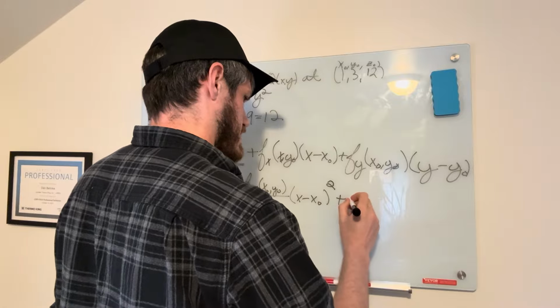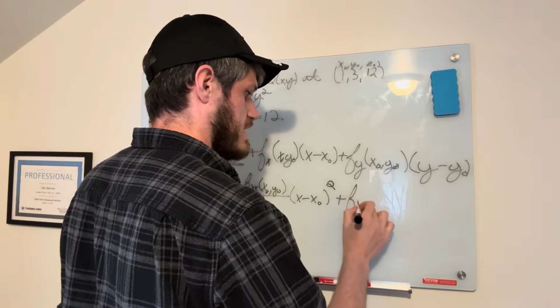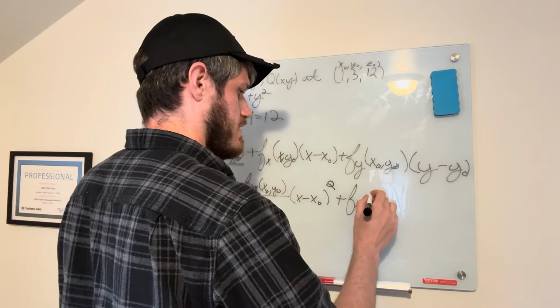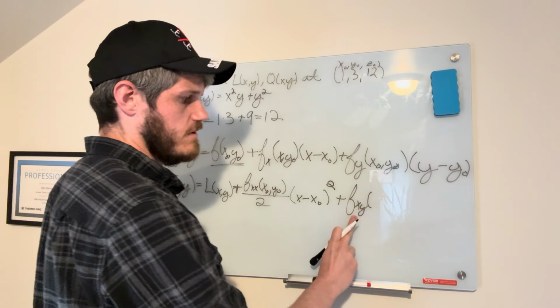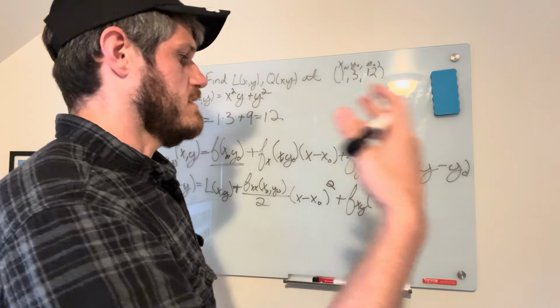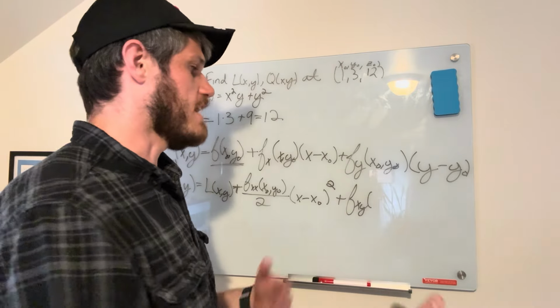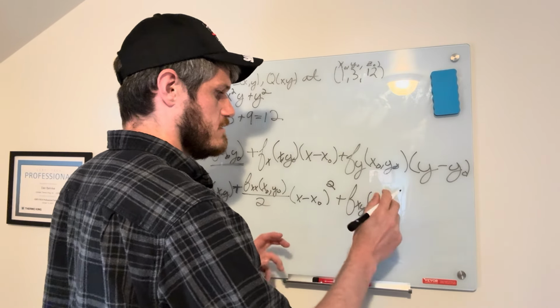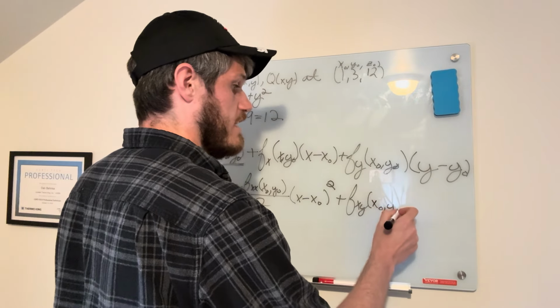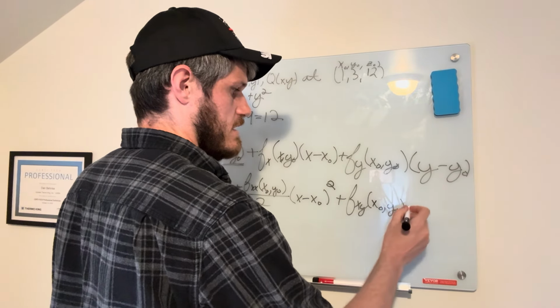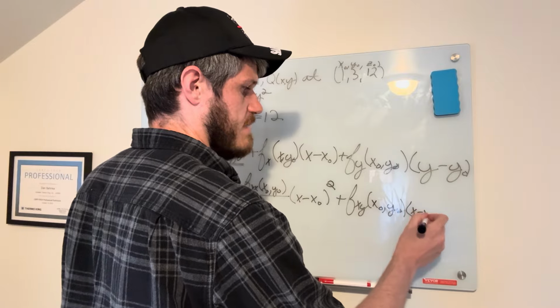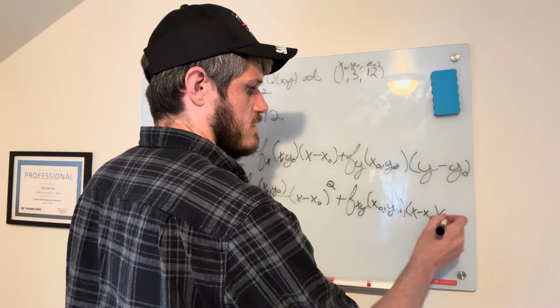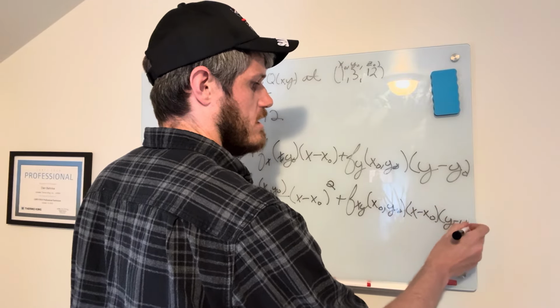And then you add in your second mixed derivative, so your derivative with respect to x, and then differentiate it again with respect to y. It'll give you this middle term here, evaluated at your point, and then it has this x minus x naught, y minus y naught.